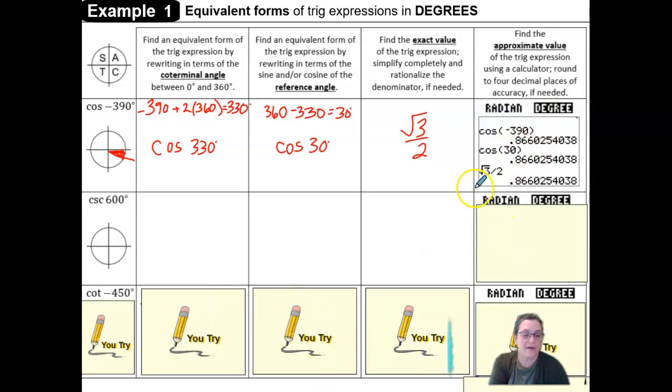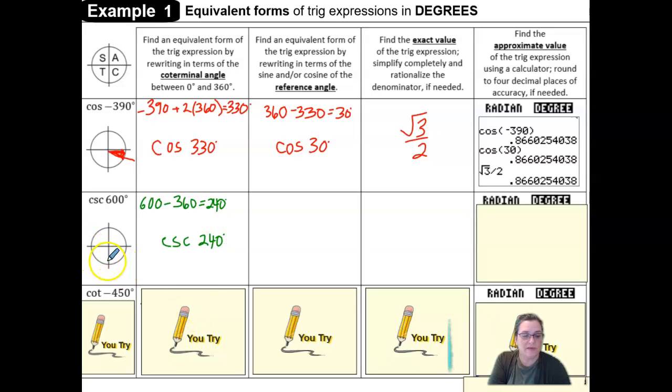Okay, now we want to evaluate the cosecant of 600 degrees, and 600 is more than 1 revolution in the counterclockwise direction around the circle. So we're going to go ahead and subtract 1 revolution, and we're at 240 degrees. So the cosecant of 600 is equivalent to the cosecant of its coterminal angle, 240 degrees.